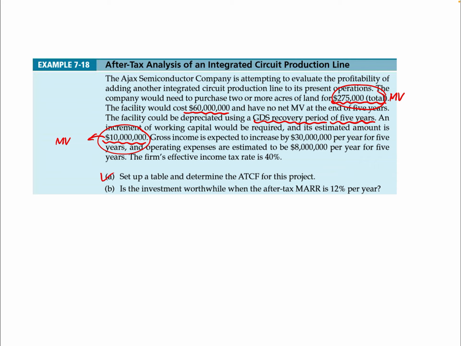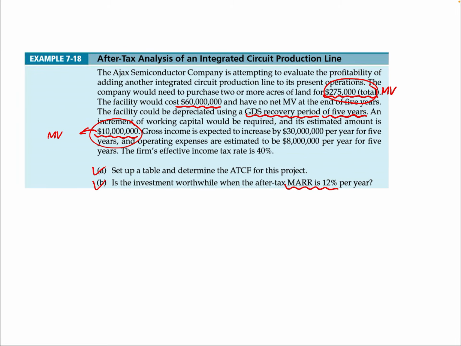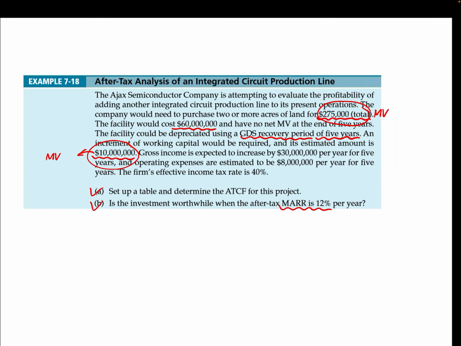So this is all you know. Then you want to set up the table and determine the after-tax cash flow for this project. And after that, you want to use the after-tax cash flow to calculate if this project is worthwhile or not, at a MARR of 12% per year.